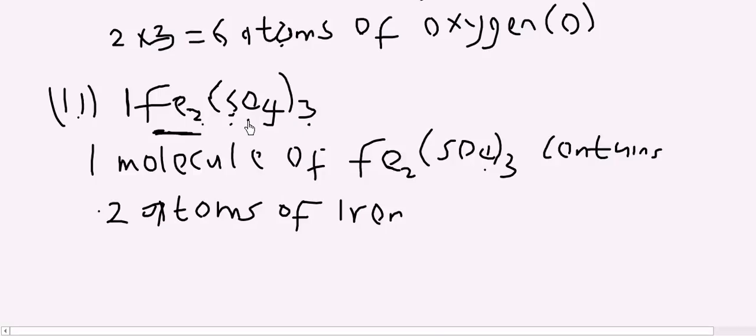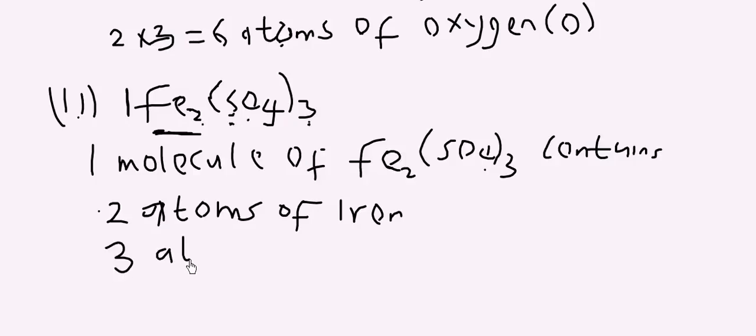S is sulfur. This 3 here is affecting both sulfur and oxygen. So we have just one S inside the bracket, 3 times 1 gives me 3, so I have 3 atoms of sulfur. For oxygen there, I have 4 here, so 4 times 3, this is O4, 4 atoms times 3 gives me 12.